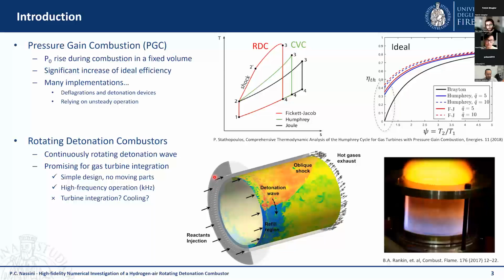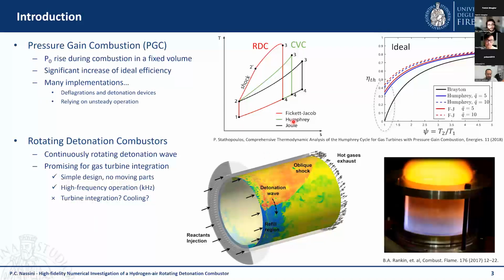These processes are of great interest because they allow a significant increase of ideal cycle efficiency with respect, for instance, to traditional thermodynamic cycles like the Brayton cycle, or also the Humphrey cycle, which is a constant volume combustion cycle. Pressure gain combustion comes in a lot of different implementations and can exploit both the deflagration regime and also the detonation regime, but they all share the very intense and steady operation of the complete device.